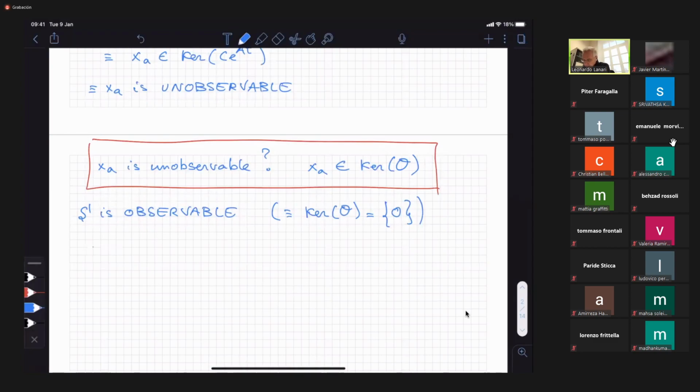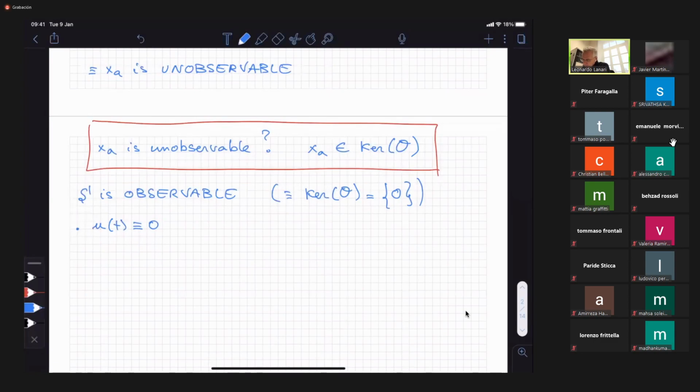So let's assume that u of t is identically 0. Of course, this result can be also extended easily in the case where we have an input. And let's assume that we are starting from an initial condition, which is unknown. But we can measure the output y of t.